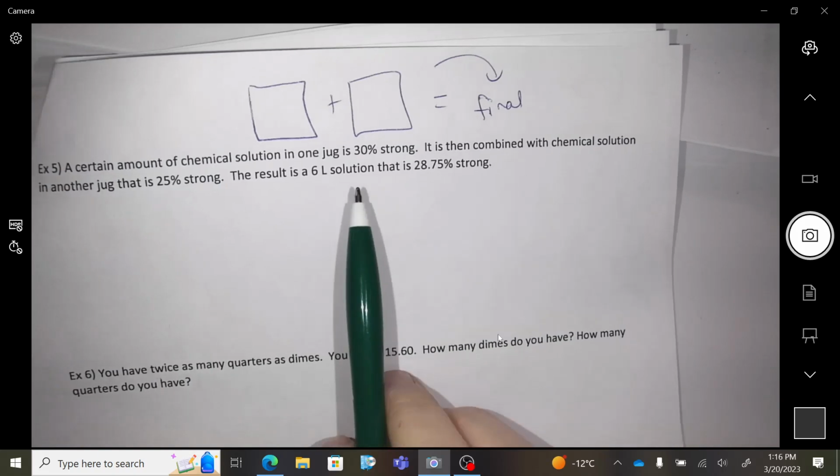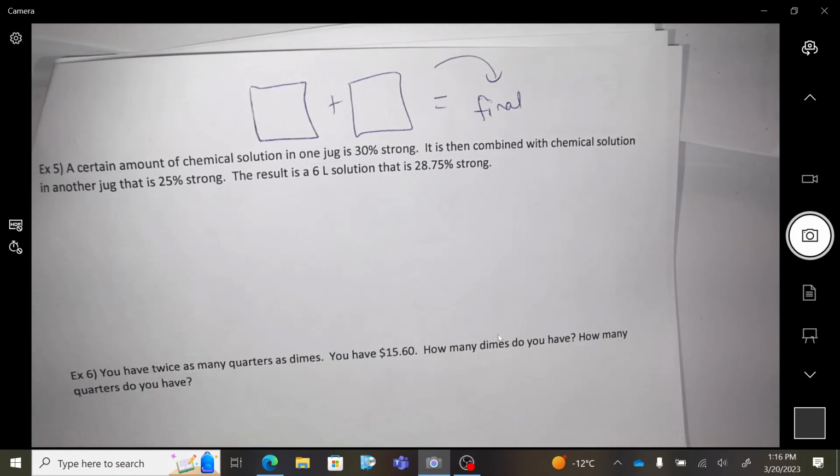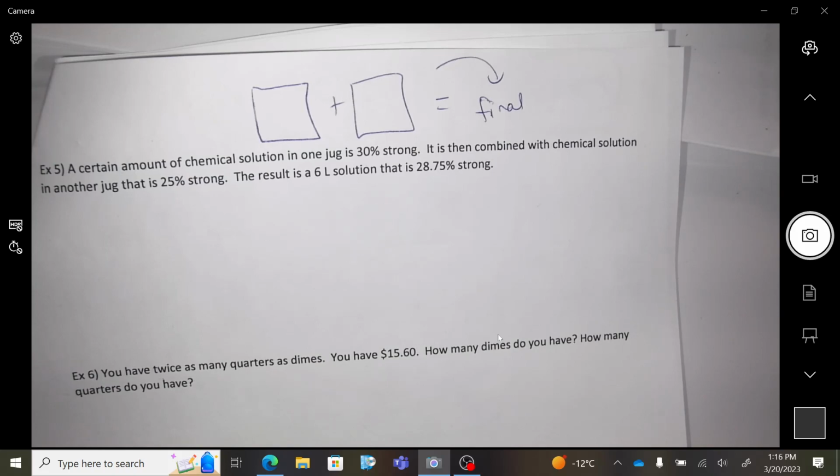So when they talk about 30% strong, it means 30% of this fluid is chemical and the rest is water. If this was 1 liter, 0.3 of it would be chemical. Does that make sense, what chemical solutions are about?